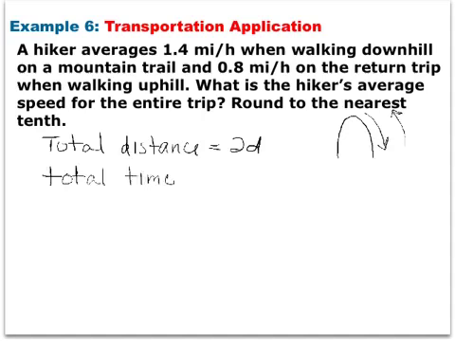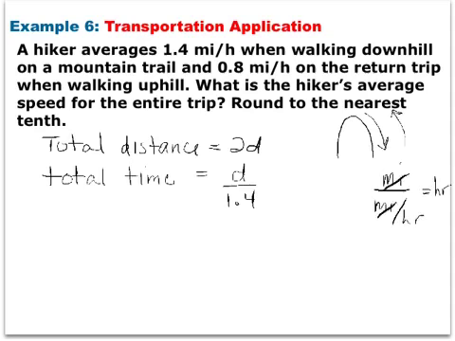And all the problems work like this. You set this up and start talking about each piece. It's just how it works. So our total time is going to be distance divided by rate. Because if you take your units, say miles divided by miles per hour, you're left with hours.